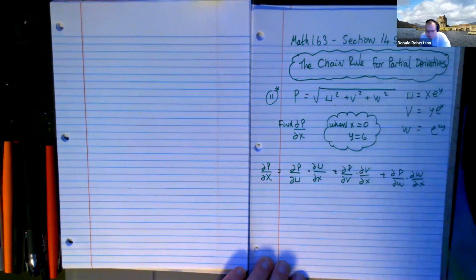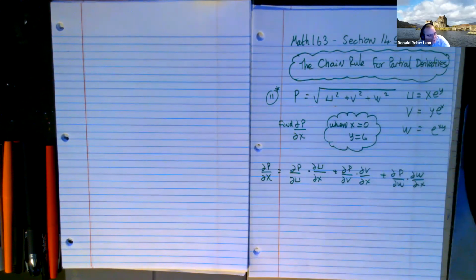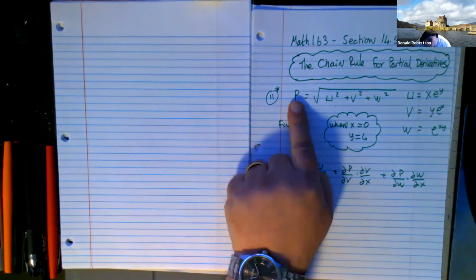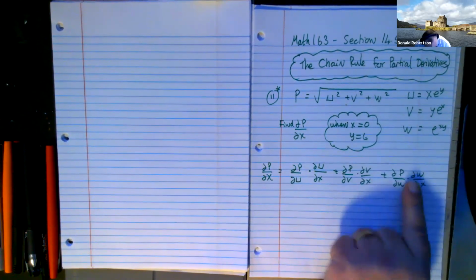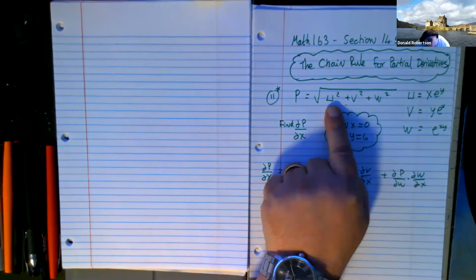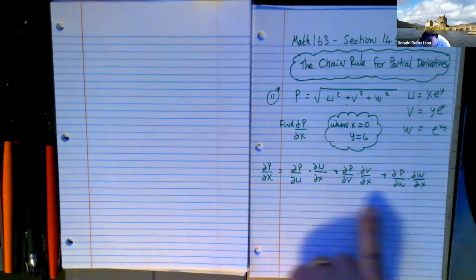Are you comfortable with why that's the version we use in this combination? The main variable is in terms of u, v and w, so that's why there's three of these. The subsidiary variables, the x's and y's in this case, are two of them.